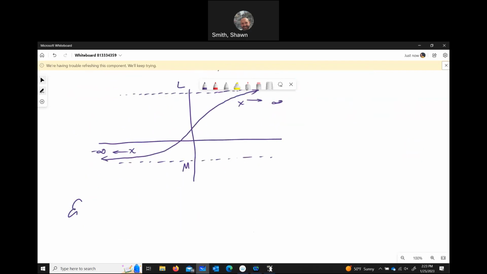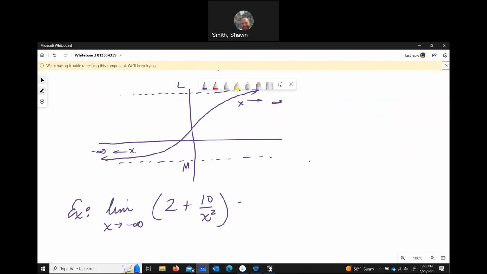So easy example, if I take the limit as x approaches, say, negative infinity of, let's just do 2 plus 10 over x squared. I'm going to use some properties just to illustrate this. You don't have to.